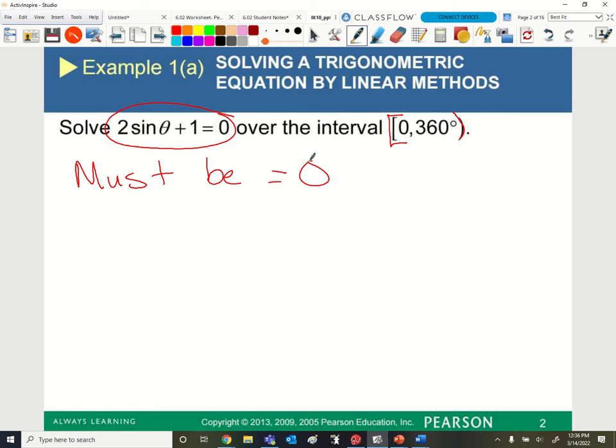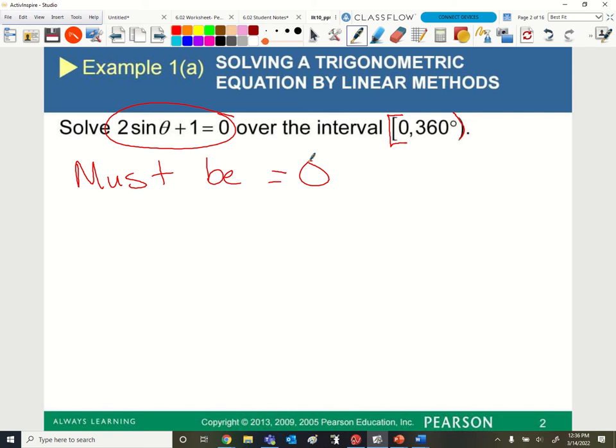All my equations must be equal to 0, all the time. The only way to do these problems is in degrees, so I'm going to show you how to do this in degree mode only. And if you see something in radians, convert it to degrees. That's what we're going to do.